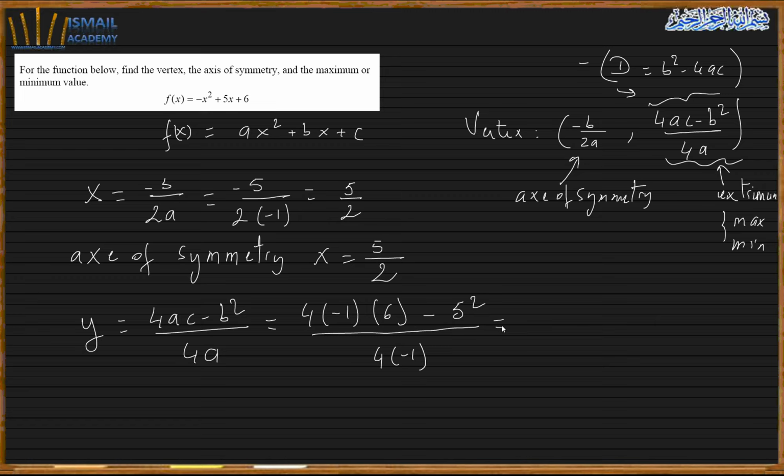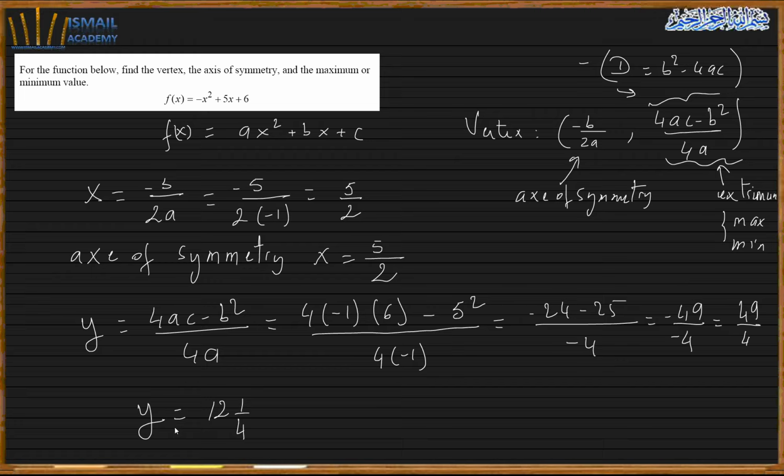So this will be my maximum value. So here it's going to be minus 24 minus 25 over minus 4. So it's going to be minus 49 over minus 4, which is 49 over 4. If I want to do it in terms of fixed numbers, it's going to be 12 and 1/4.